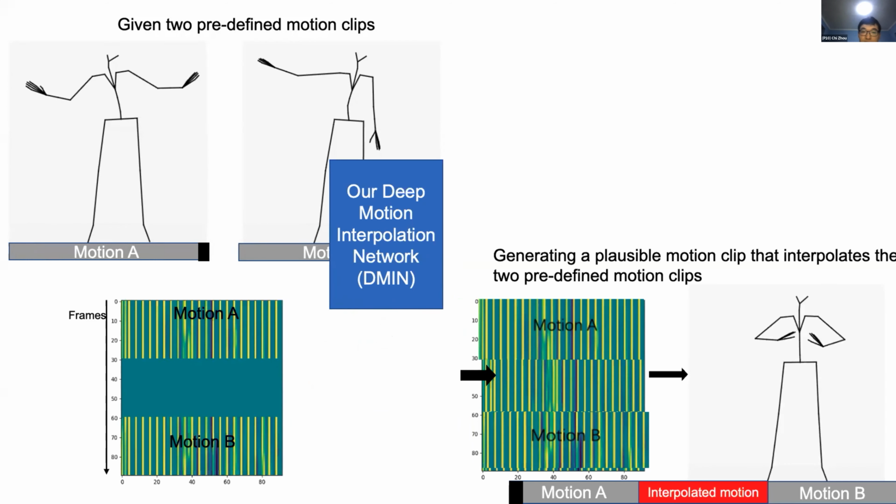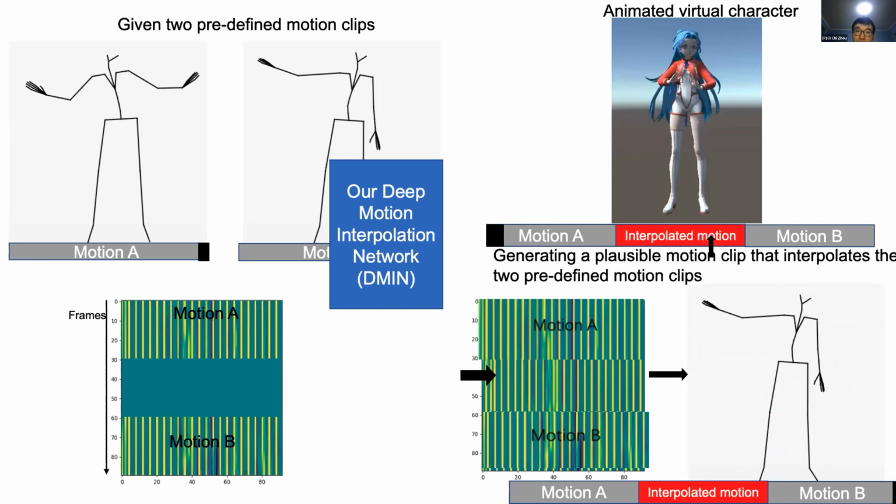It generates a possible motion clip that can interpolate the two predefined motion clips. And finally, we can drive an animated virtual character.